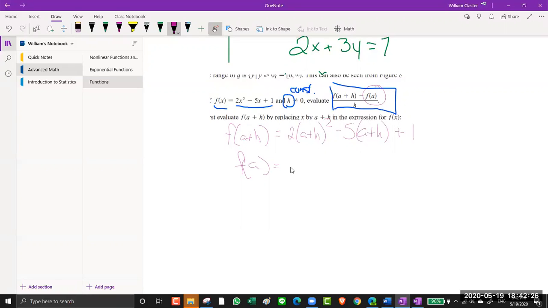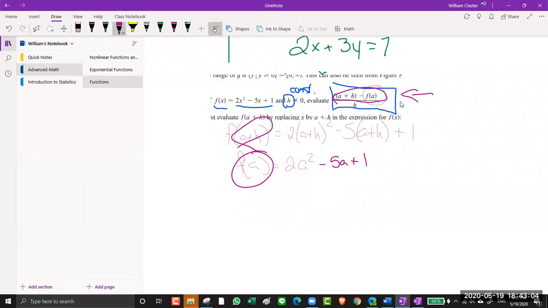And we already basically have that, 2a squared minus 5a plus 1. And so we want to take this one minus this one, so that will be the top part here. And then we just want to divide that by h. So that's what we'll get if we do this.